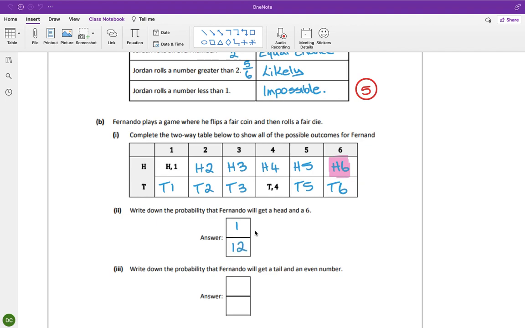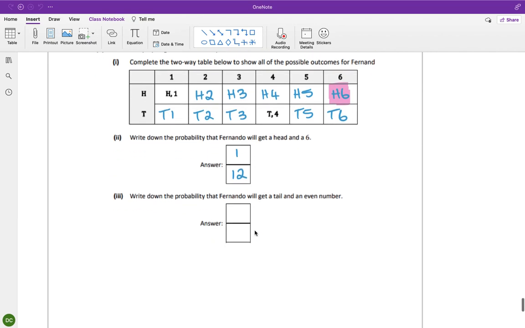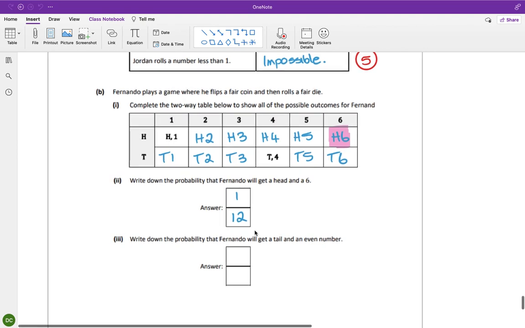And write down the probability that Fernando will get a tail and an even number. So a tail and an even number. That's a tail and an even number. So T and 4 is a tail and an even number. And then T and 6 is a tail and an even number.